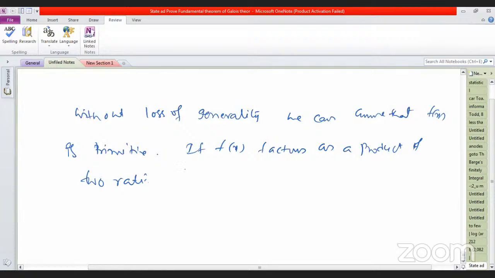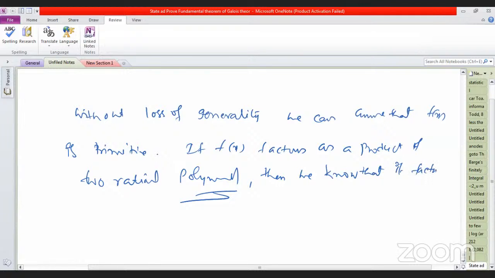What is a polynomial? Two rational polynomials, then we know that it factors as a product of two polynomials, as the product of two having integer coefficients.